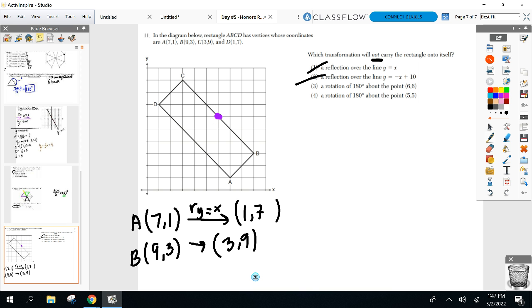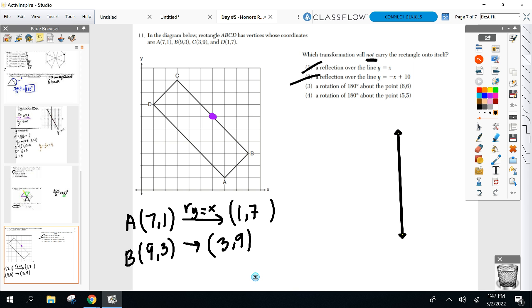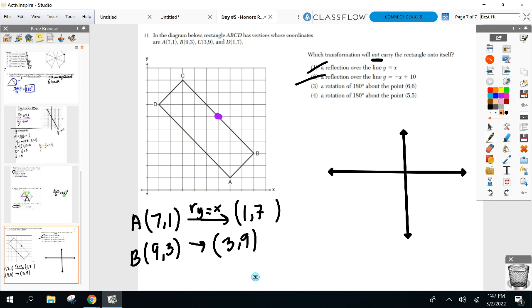And a reminder, what's a rotation of 180? This is 90, so 180 is directly on the opposite side. That's what it is, right? So if I rotate point B 180 around this point, what's on the other side already? C, and C would go to B.